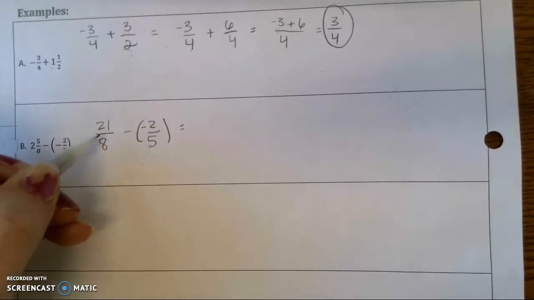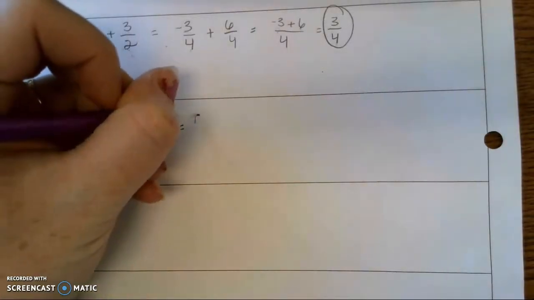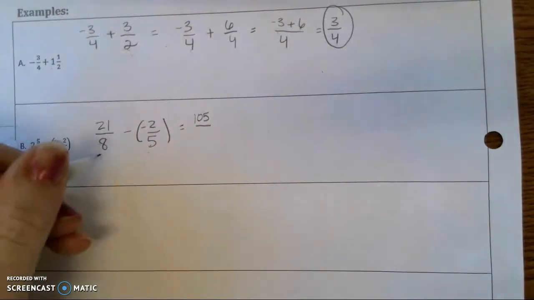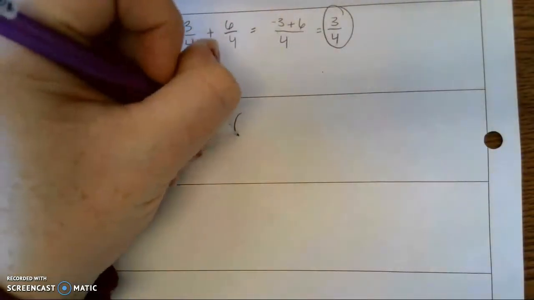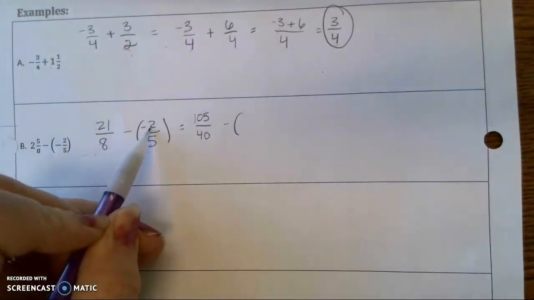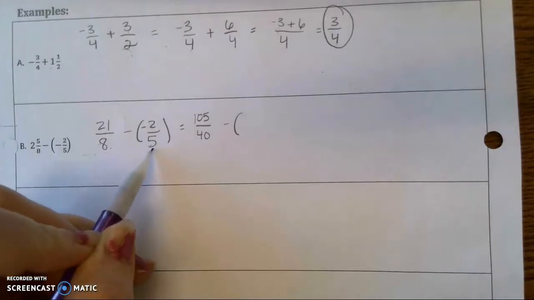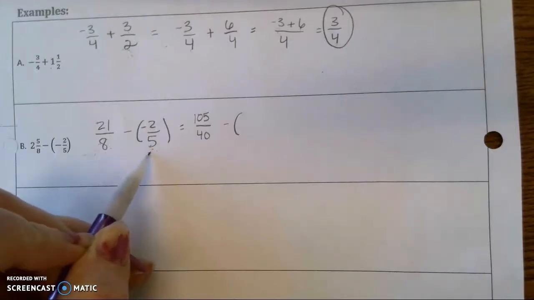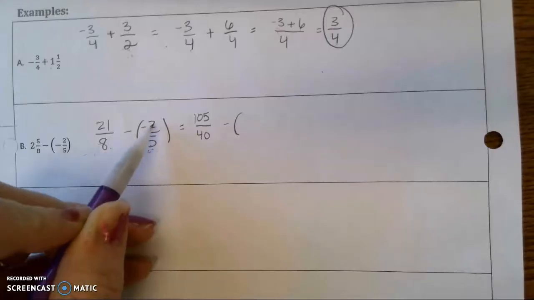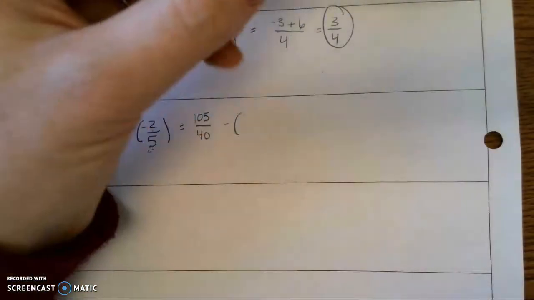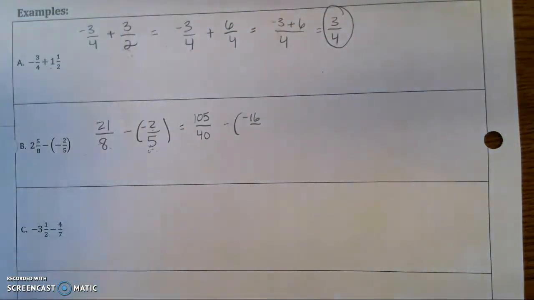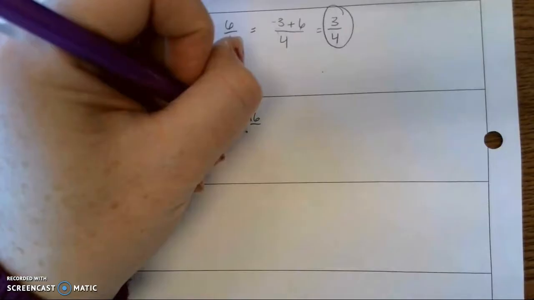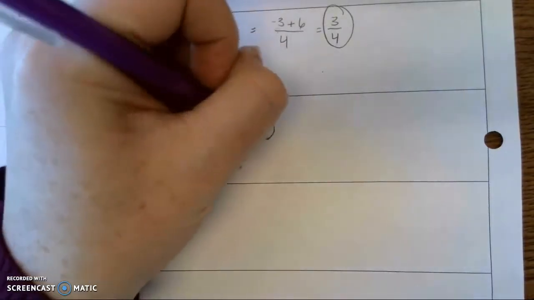So 21 times 5 would give me 105. 8 times 5 obviously would give me 40. And then my second fraction, I'm going to do 2 times 8 because remember I have to do what I'm doing to get 40 in this fraction. So I'm going to do 5 times 8 and that gives me 40, and 2 times 8 gives me 16. So I have -16 over 40.